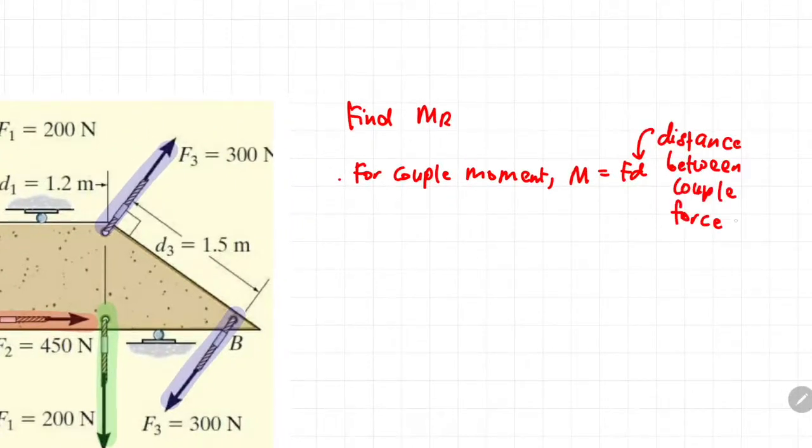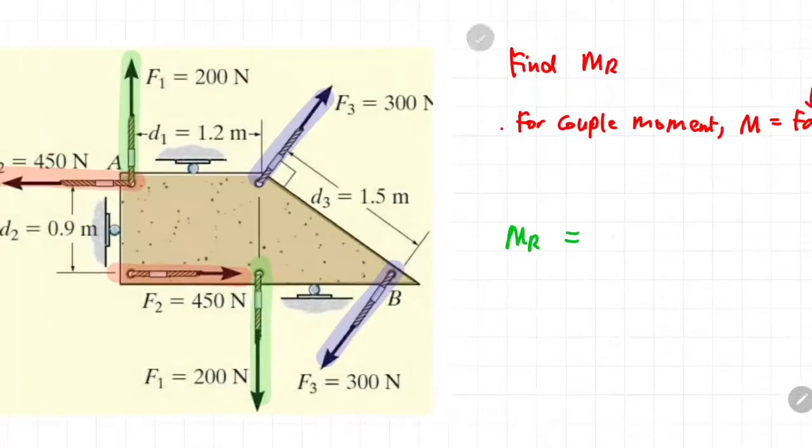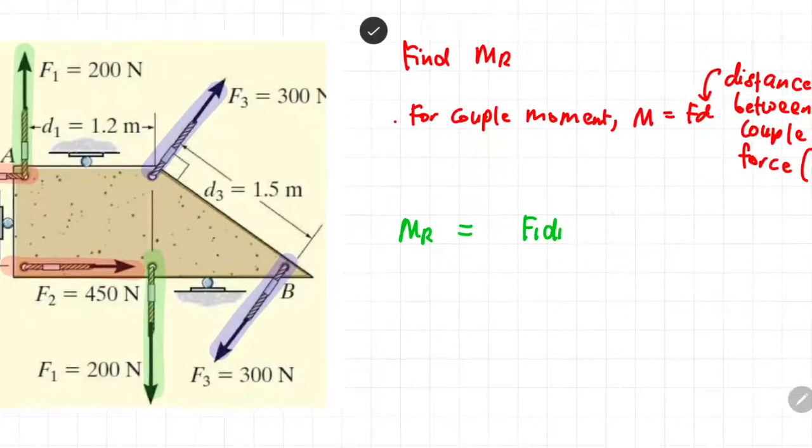The distance in this formula is the perpendicular distance between the couple forces. Okay, jom kira the resultant moment. So the first moment is F1 D1, and then the second moment is F2 multiplied with D2, and the third moment is F3 multiplied with D3.